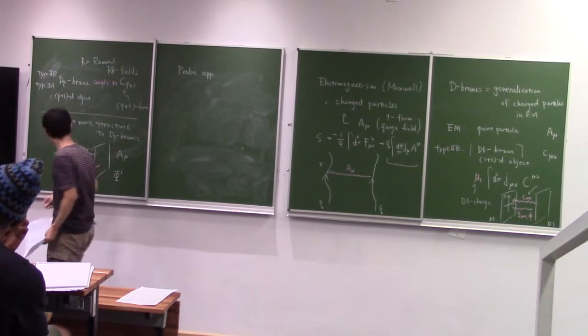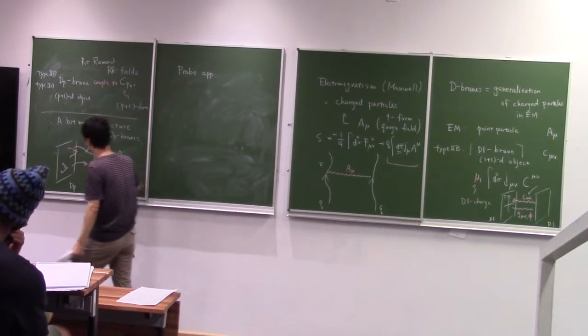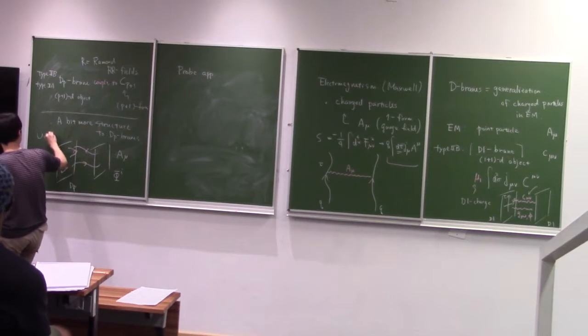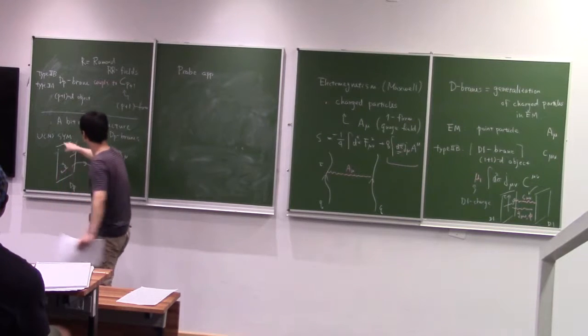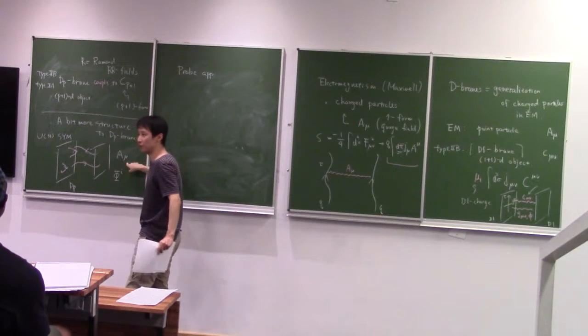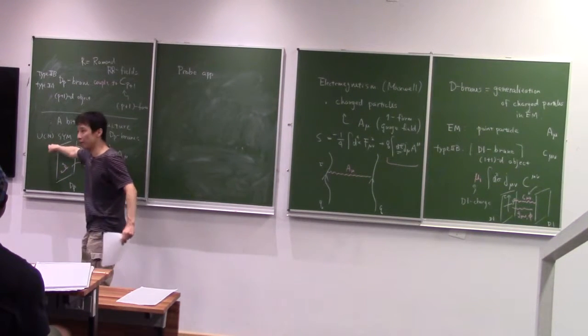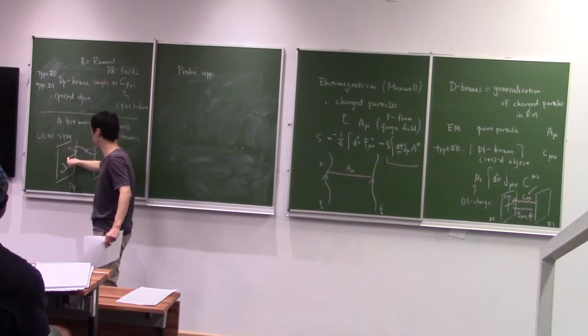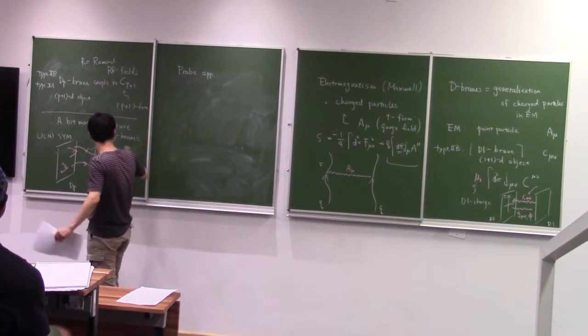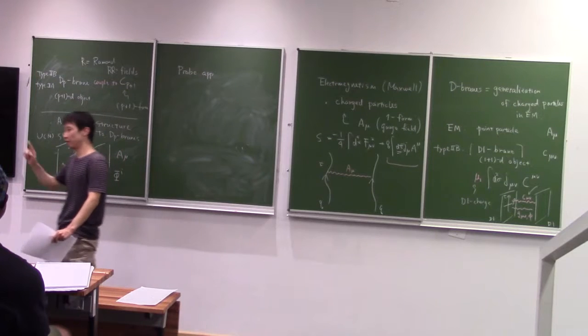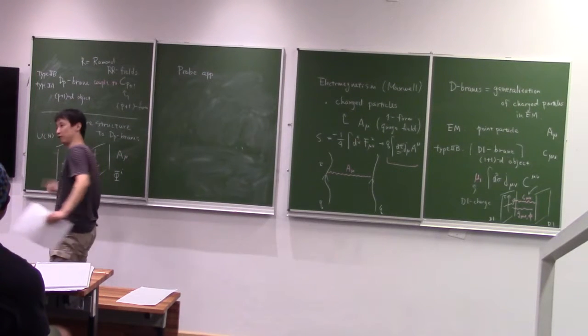At the endpoints, you have charges. For example, you have U(N) super Yang-Mills. Then these fields are charged under U(N). So charge comes from here. But this itself is the first excitation of this open string.